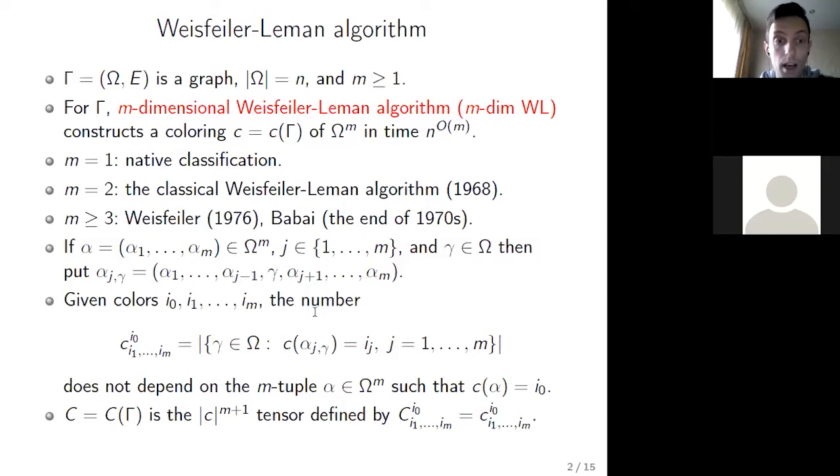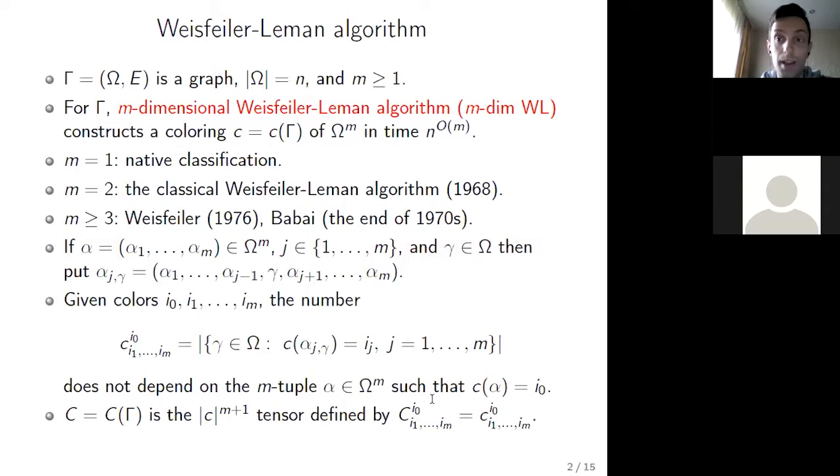These numbers are denoted by c with upper index i0 and with lower indices i1, ..., im. If m is equal to 2, these numbers are exactly the intersection numbers of a coherent configuration. And this property is the third property from the definition of a coherent configuration.